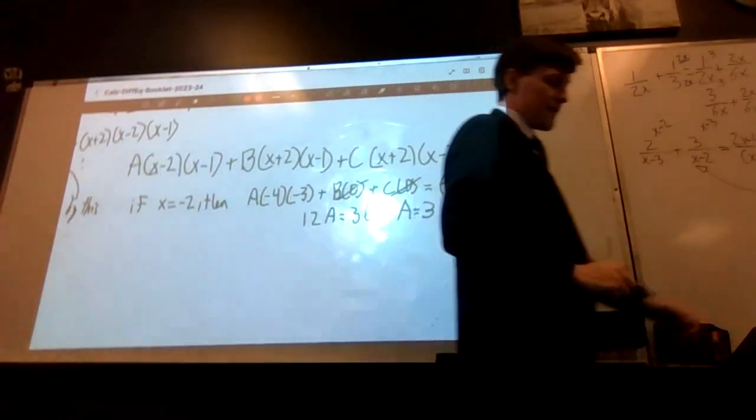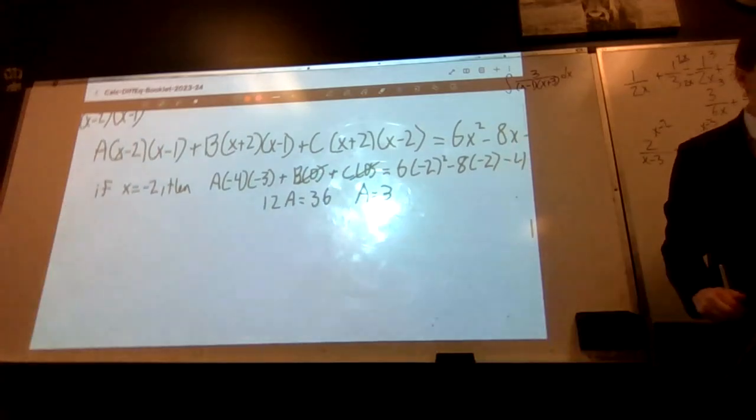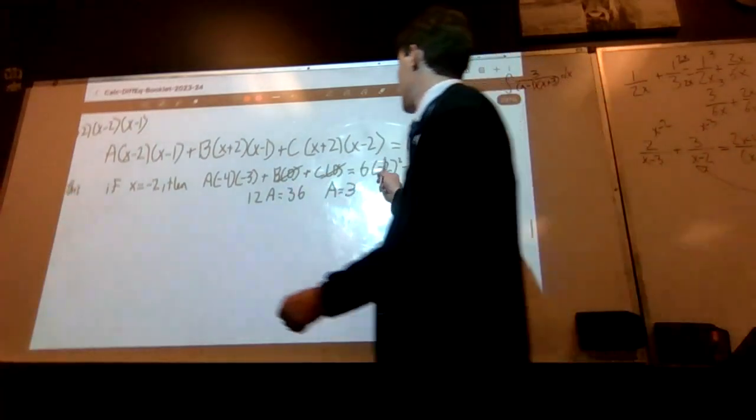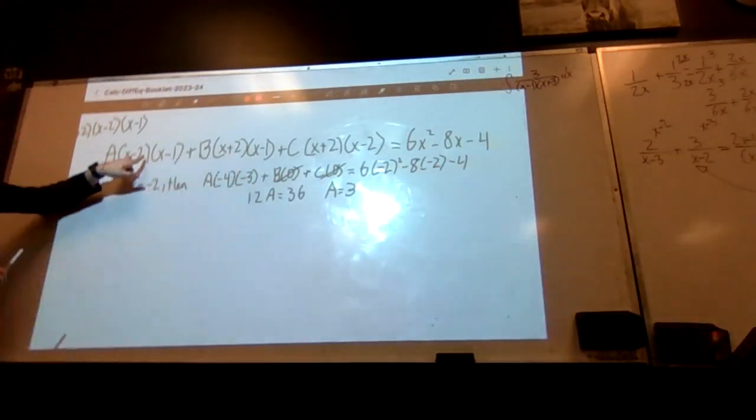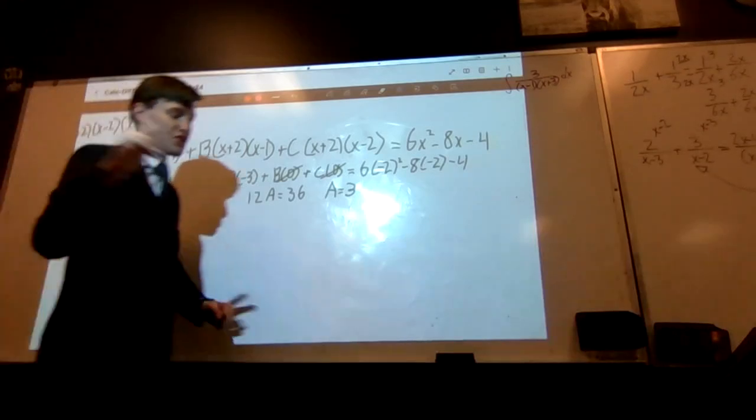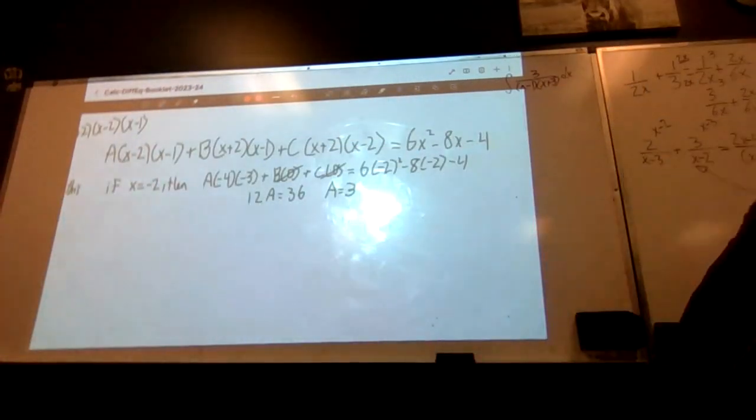Exactly. Now let's go ahead and find b. So for b, what does b not have? B does not have x minus 2. So therefore, what should we input? 2. If we input 2, what is going to happen?